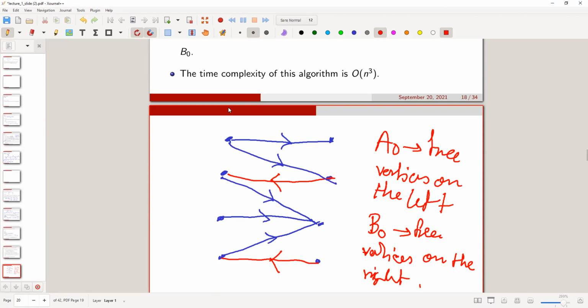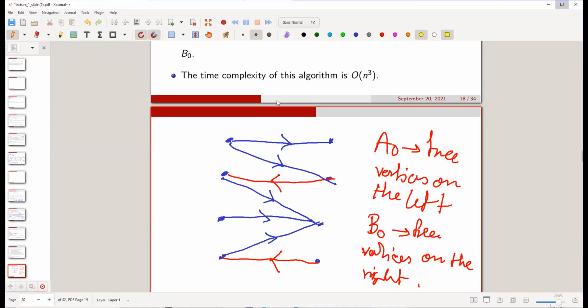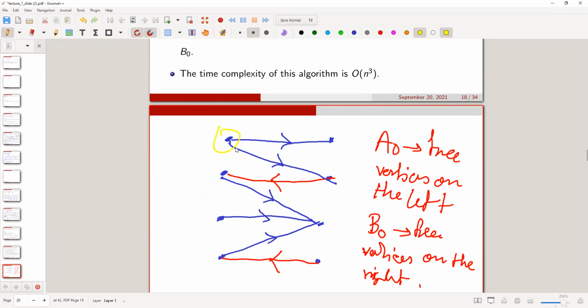For example, we can start our search from this vertex, and go in this direction, and then come back in this direction, and then if we go in this direction, we can see that we have reached a free vertex of B, which is in B0. And then this particular path will be an augmenting path. So is the construction clear?